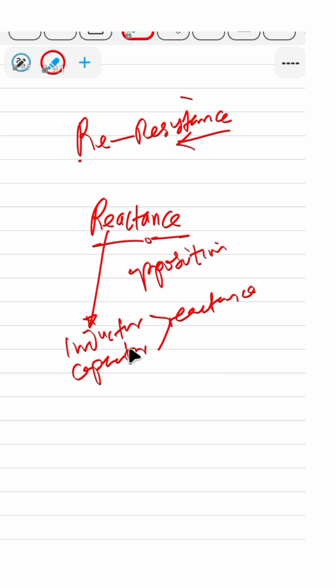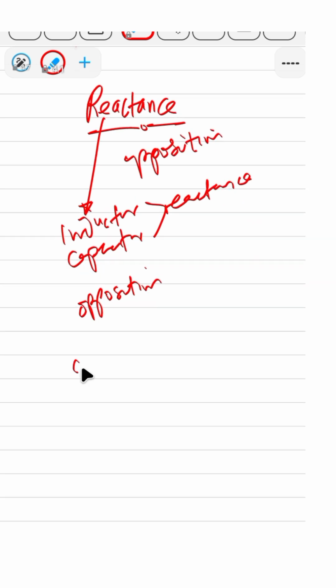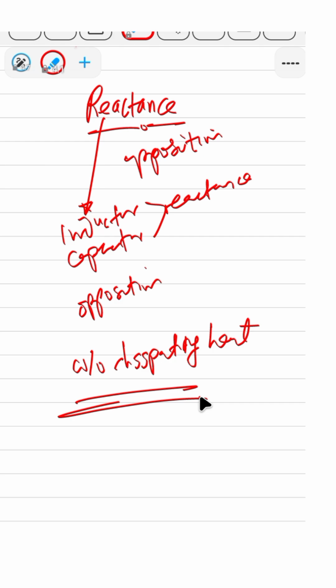So what is reactance? Reactance is defined as the opposition which an inductor or a capacitor offers to the flow of an AC current without dissipating heat. Take note, this word is very important: without dissipating heat. Reactance is only for capacitor and inductor. Nothing concerns resistor and reactance.